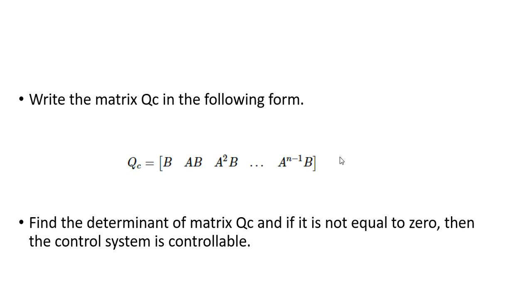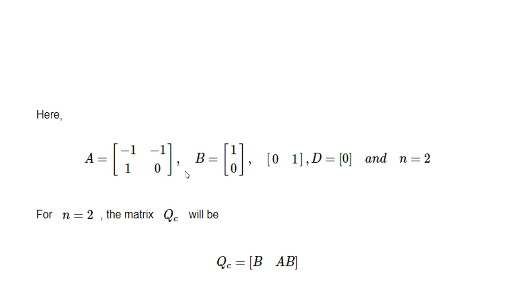This will be A raised to 3 minus 1, means A raised to 2 B, so it will be the first 3 columns of this matrix. But here the value of N is 2, so we have to get only 2 values, that is very important. So the QC is equal to B AB.